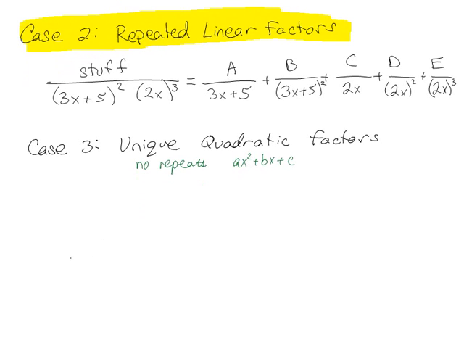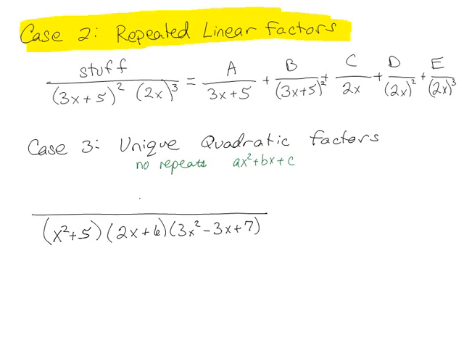Say we've got something on the bottom like x squared plus 5. Now that doesn't factor, right, because that's a plus. We have x squared plus 5, and then we have 2x plus 6, and then we have 3x squared minus 3x plus 7 or something like that. And then we have stuff on top. And still nothing is repeated.